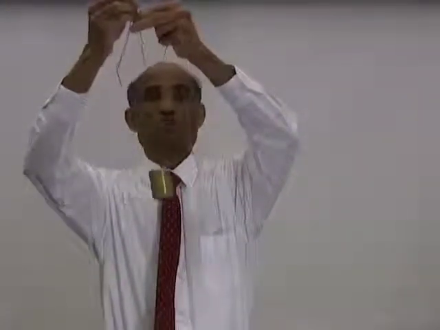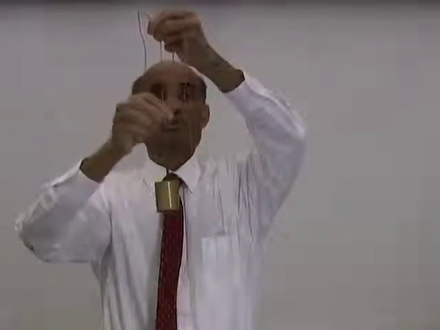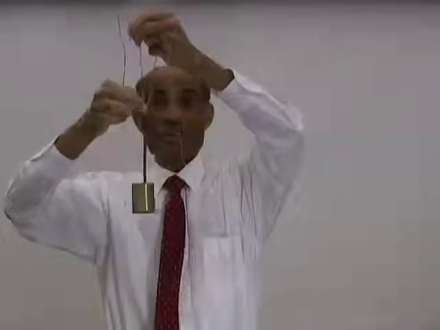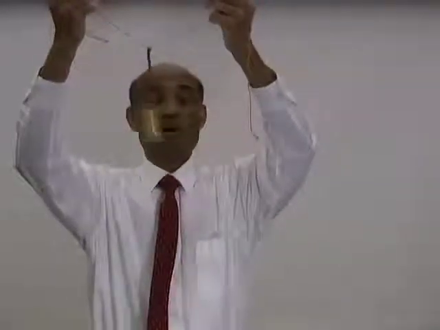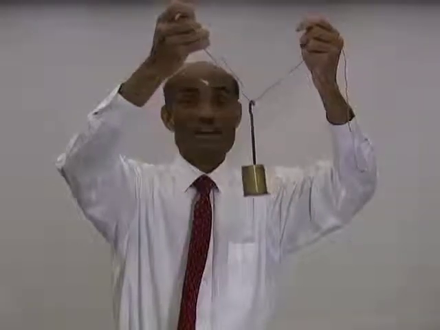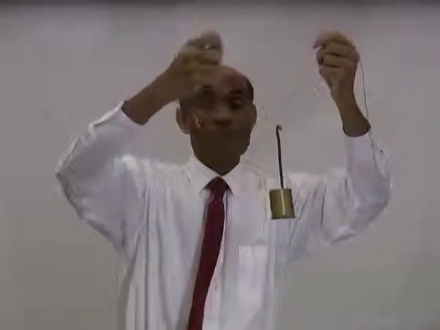Now, watch this. I'm holding this mass by means of this string. Now, I want you to discuss the conditions under which this point is in equilibrium. What are the forces at that point? There are three forces at that point. Can you tell me what those forces are?